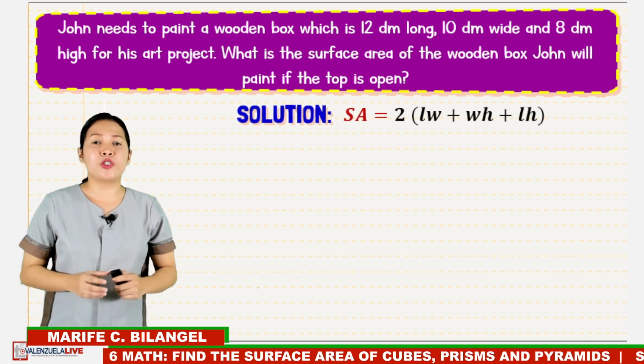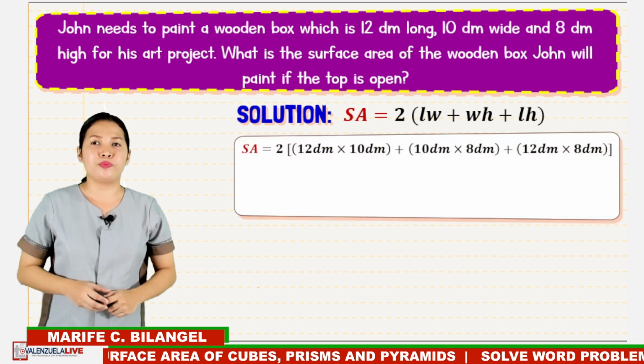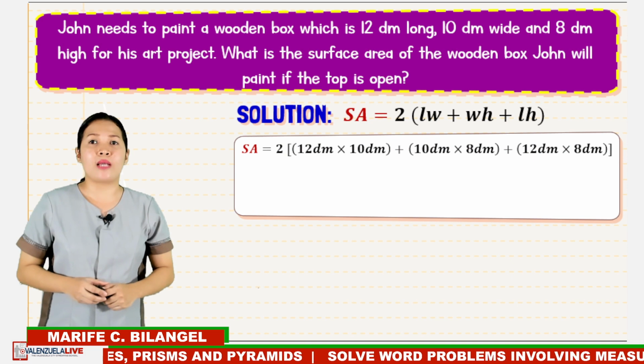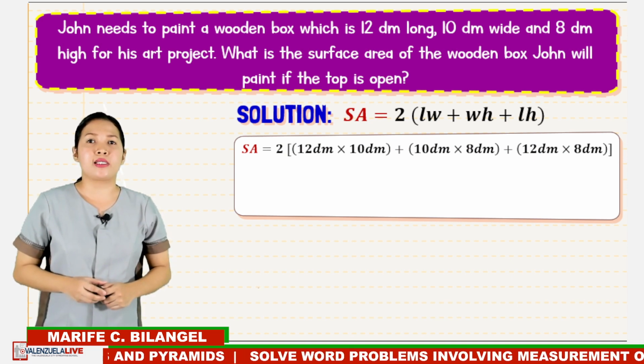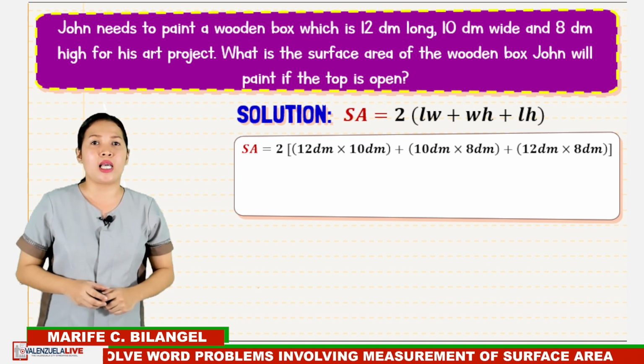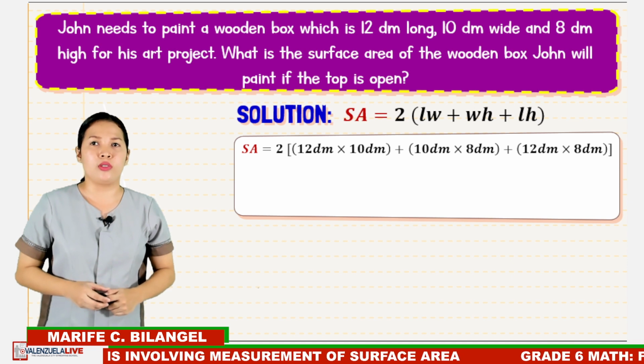Let us substitute now the given dimensions in the formula. We have 2 quantity 12 decimeters times 10 decimeters plus 10 decimeters times 8 decimeters plus 12 decimeters times 8 decimeters. So we must apply here the PEMDAS rule.